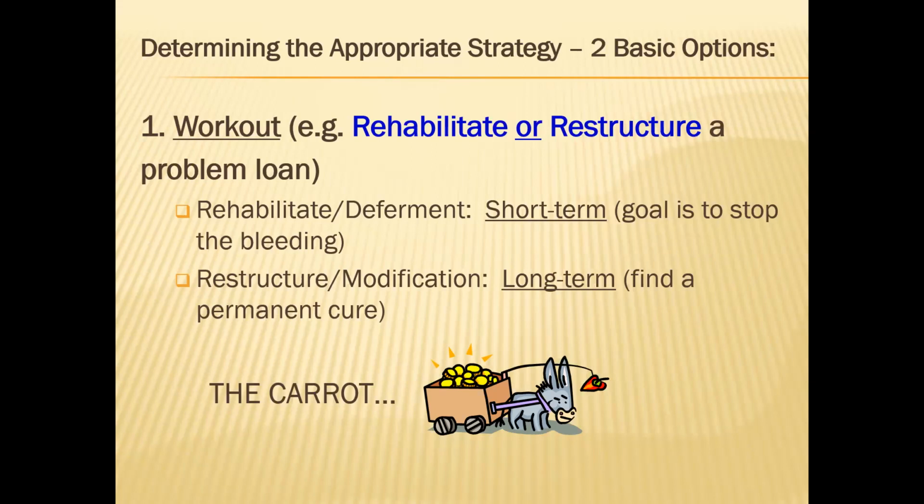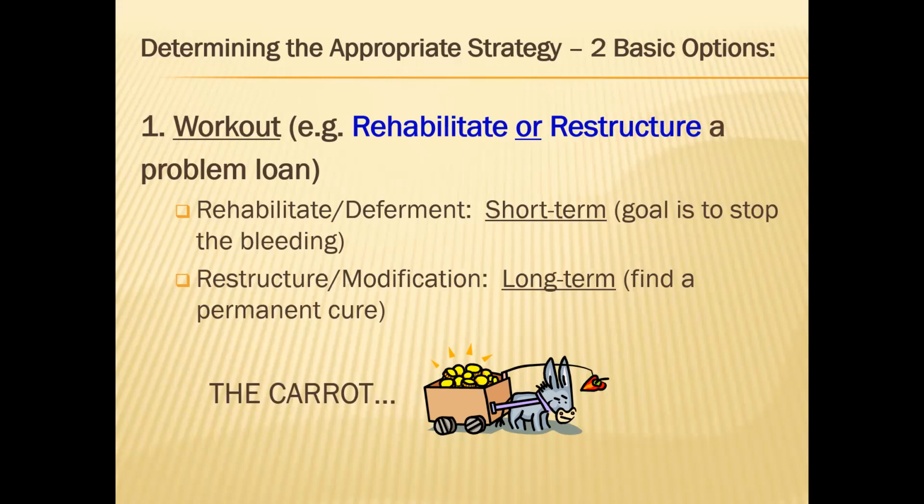If they get back on their feet and can afford the $600 payment once again, then you shorten the loan term closer to what it originally was. So in the workout, you either rehabilitate or defer, or you restructure or modify. One is short term and one is long term.